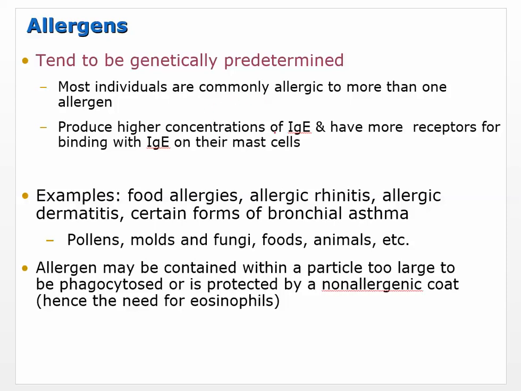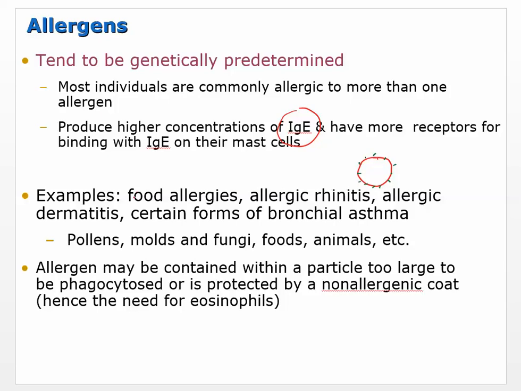They're not sure why, but they tend to have a higher concentration of IgE. And furthermore, the mast cell may have more binding sites for the IgE. So they're kind of set up to be a little bit more hypersensitive.